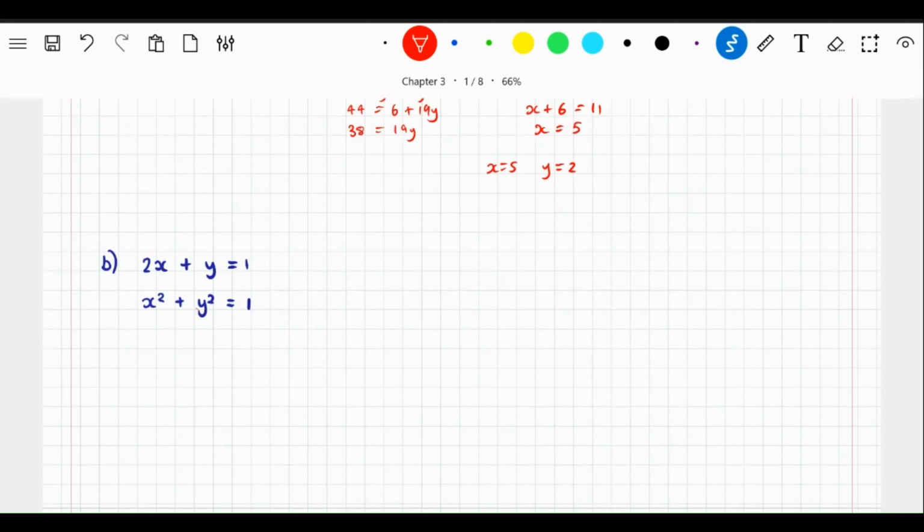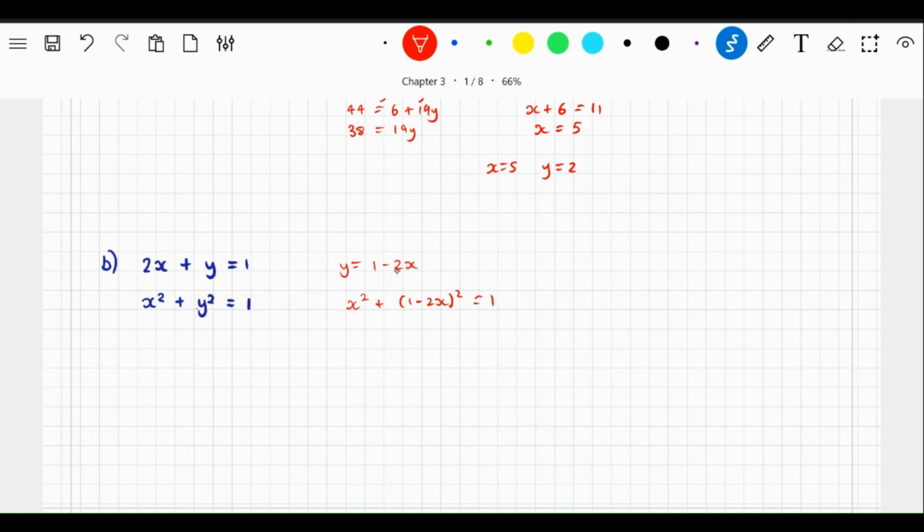Now for the second question here, we're going to do the same step on the first bit, but as you notice, we have got quadratics on the bottom, but we'll get to that in a minute. So we're going to take away 2x from that top bit, so we're left with y equals 1 minus 2x. And now we're going to sub this into that y down there. So we're left with x squared plus (1 minus 2x) squared equals 1.